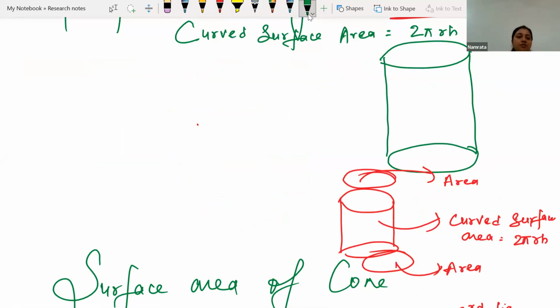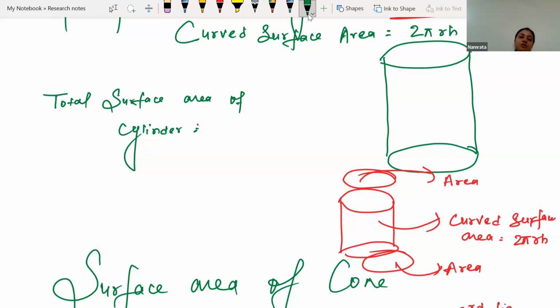The formula for the total surface area of the cylinder is 2 pi RH, the curved surface area, plus pi r square, the upper part area, plus pi r square, the bottom circle's area, which equals 2 pi RH plus 2 pi r square.